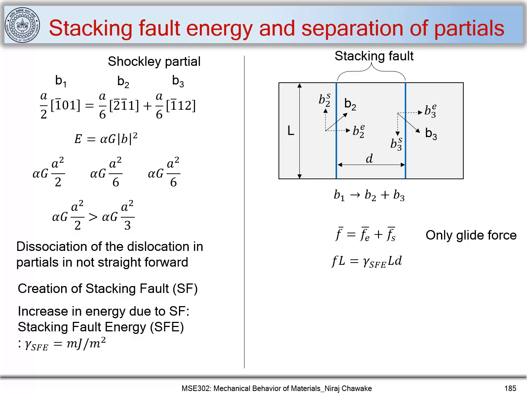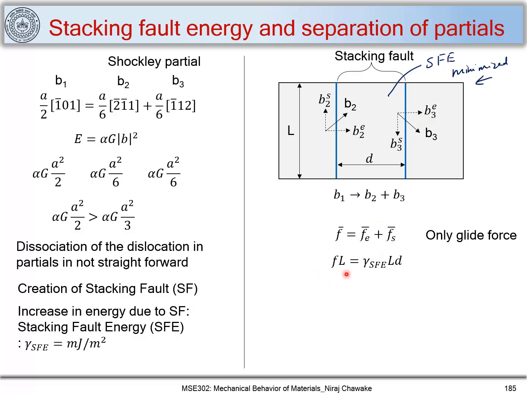So we have a stacking fault energy here, and this should be minimized. The material will try to minimize it, so there will be an attractive force, minimized if this region's area is minimized. So you have a repulsive force between the dislocations and an attractive force because of the formation of the stacking fault, which has energy associated with it.